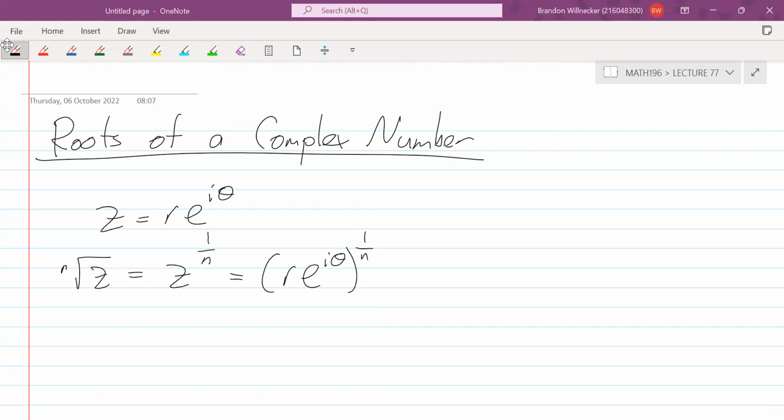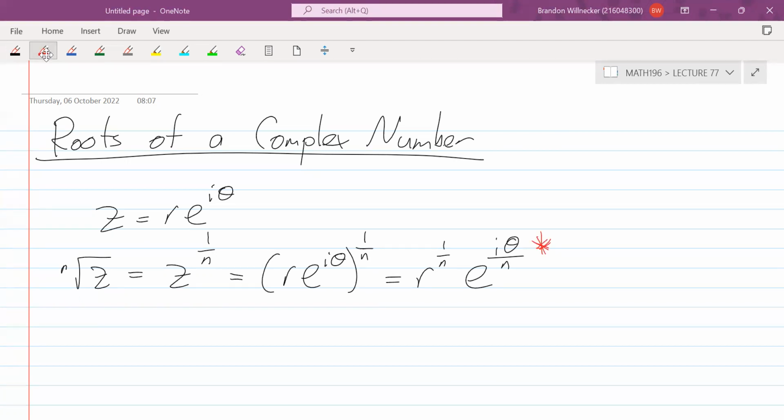And much like before, when we had n distributing inside, we can do the same thing with 1 over n. So this is going to be r to the 1 over n, e to the i theta over n. Now I'm just going to put a little star here because it's not the complete formula.